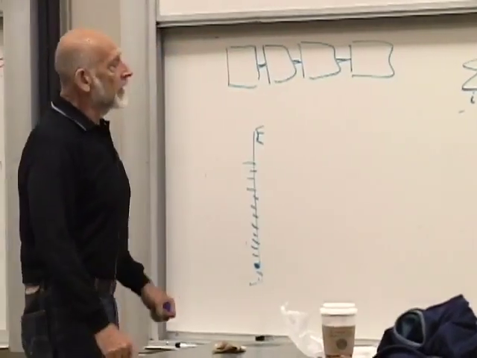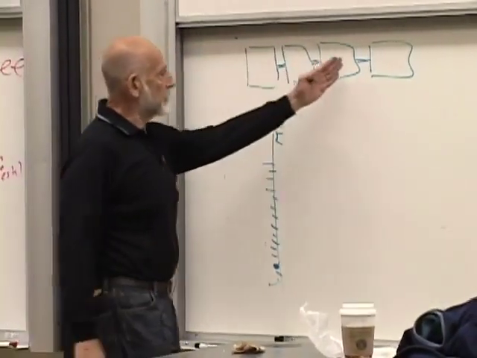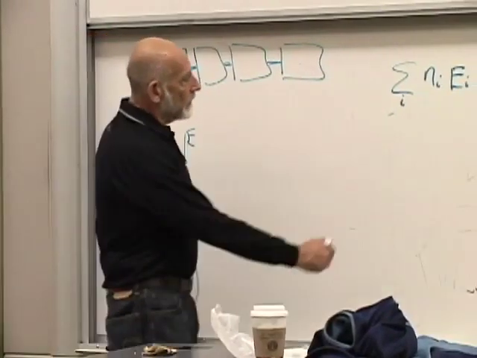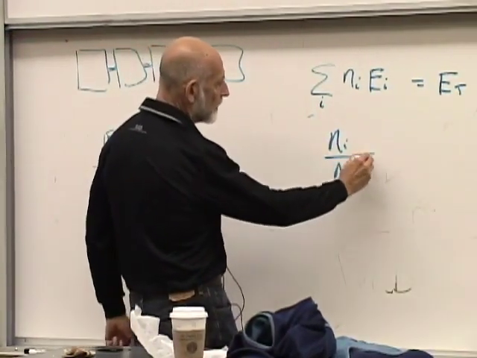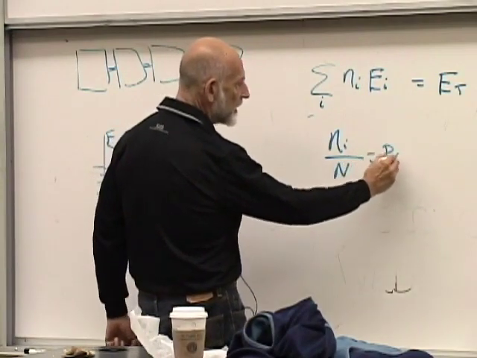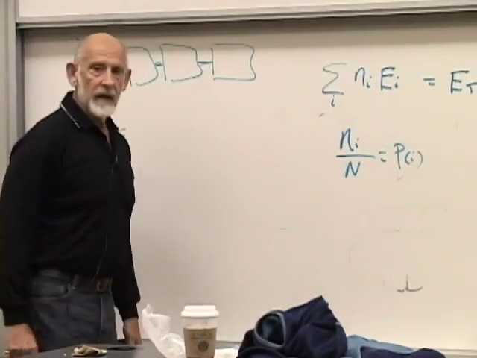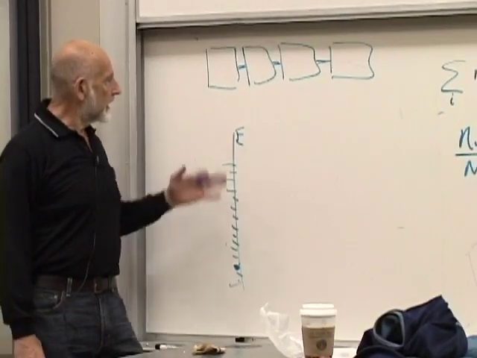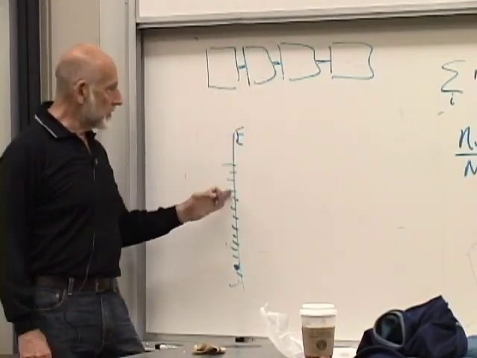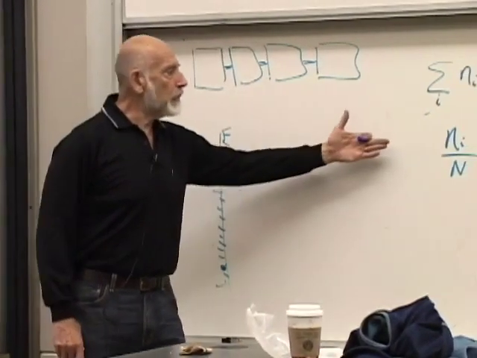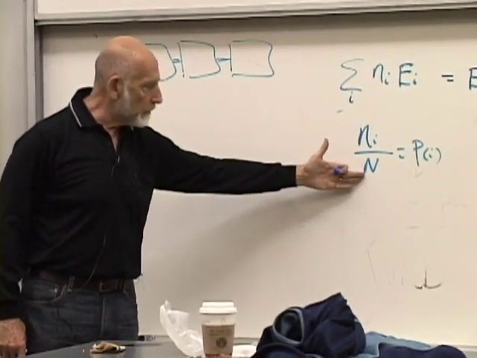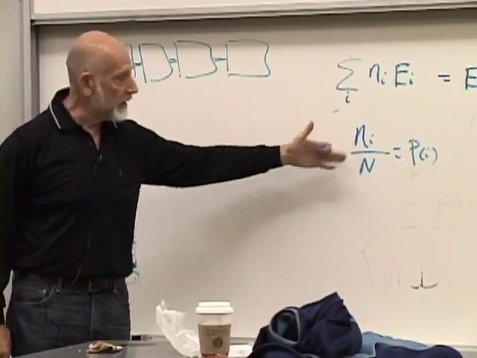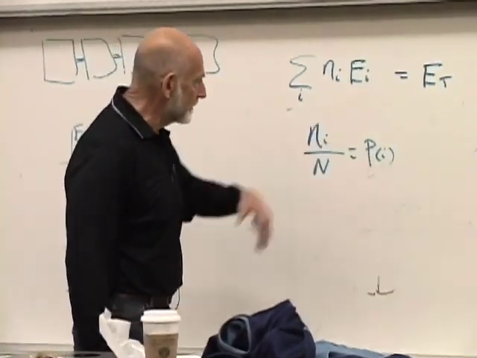That's the first thing. Now, if there were N boxes here, do you remember the formula that n sub i over total N is equal to the probability of the ith state? In other words, the probability that any given box is in the ith state is proportional to the fraction of the total number of boxes that are occupying the ith state. And we call that the probability.